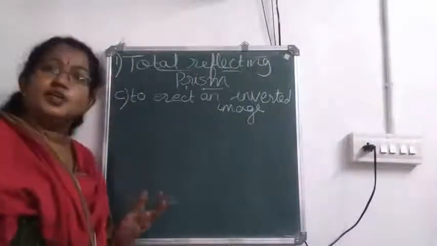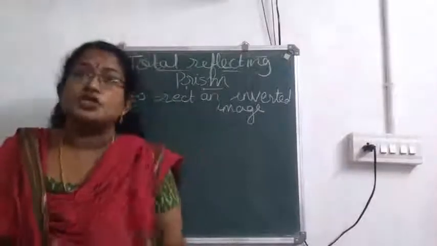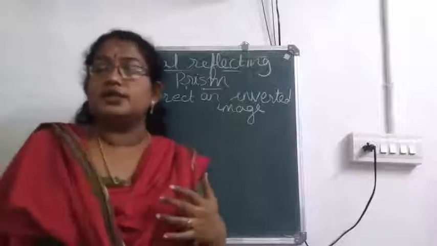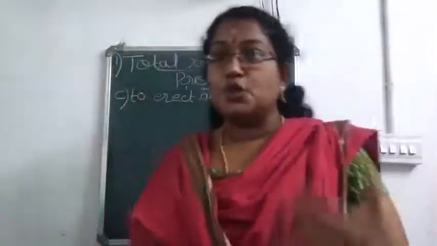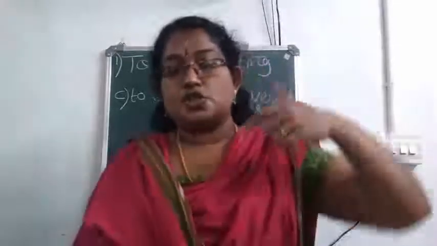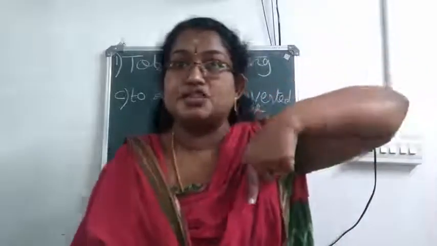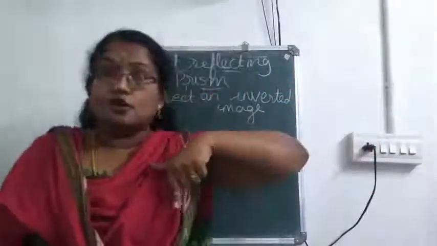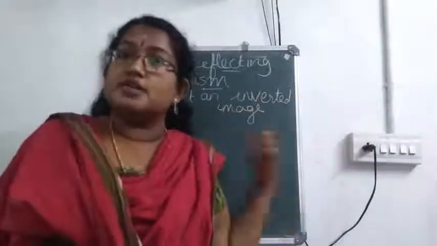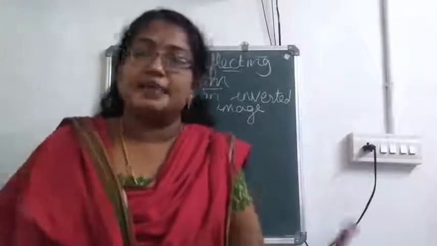Now the third use is to erect an inverted image. So we will check how a total reflecting prism can be used in order to erect an inverted image. So you have an image in an inverted manner, that is an image which is in an upside down manner. So using a total reflecting prism, we can erect it, we can make it straight.